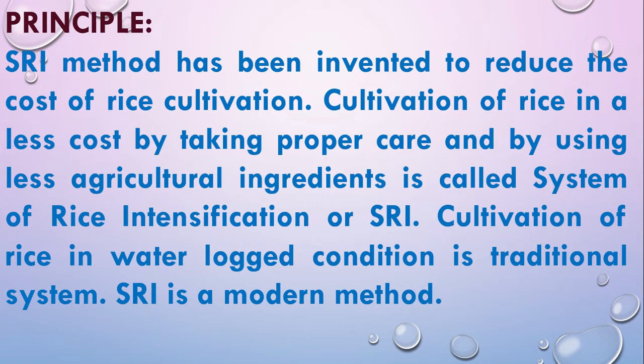Weeding is done manually, chemical fertilizer is used, and lastly we use the traditional flooded method of irrigation. So these are the basic principles. If we know these principles, then you can understand the experiment very easily.